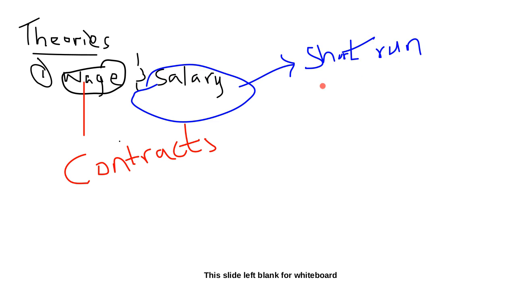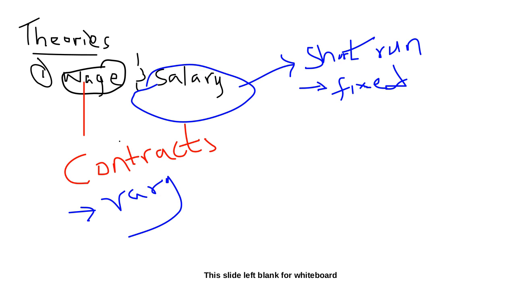So if we assume them from the economics aspect, we assume them to be fixed, so they don't vary with time. That's why we talk about somebody's monthly earning as salary, because it is fixed. But contracts, you can sign a contract for a day, for a week, for a month. So we allow these wages to vary according to output. So from the public chat, I'm going to differentiate them. So wages are contract earnings.